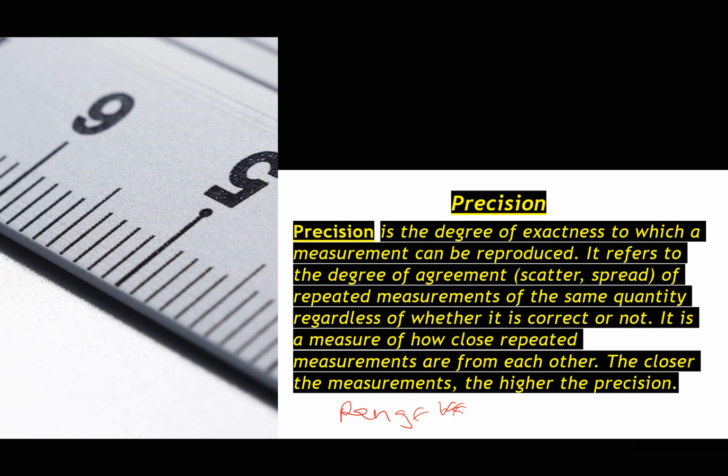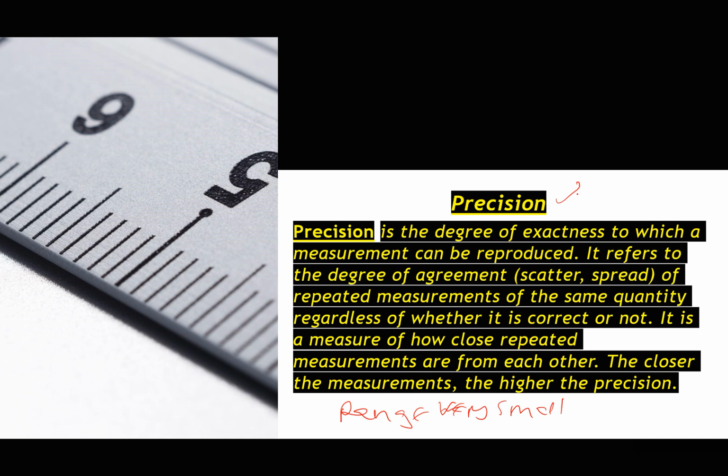So if values are said to be precise, the range between them is very small. And if the range between them is very small, it means these values are very close to each other. Therefore, we can say that precision refers to how close measured values are to each other.